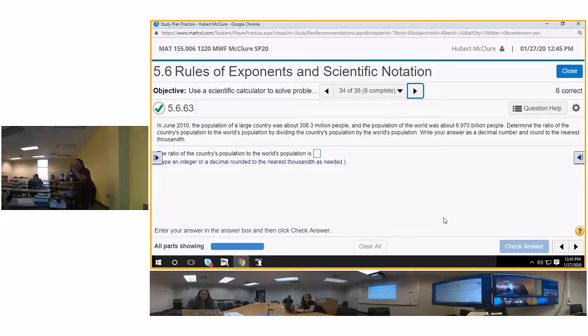Determine the ratio of the country's population to the world's population by dividing the country's population by the what? They don't think you can even do it, so they tell you what to do. Okay? So they're telling you to divide the country's population by the world's. All right, go ahead and do that.